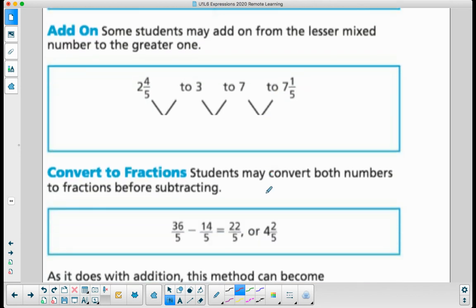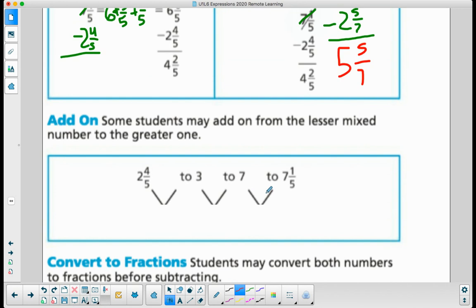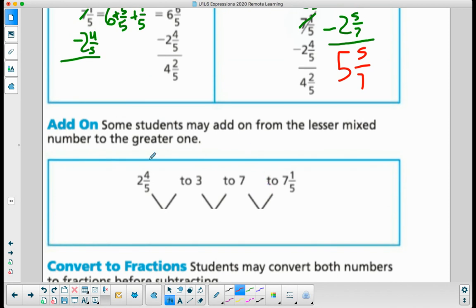Now, when we do number talks, a lot of times realize that when subtracting, you can count up. I have 7 and 1/5 subtract 2 and 4/5. I can count up, because all it is in subtraction is finding the difference.